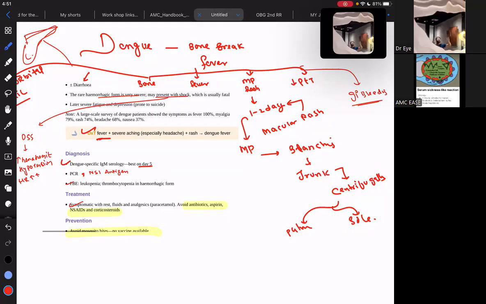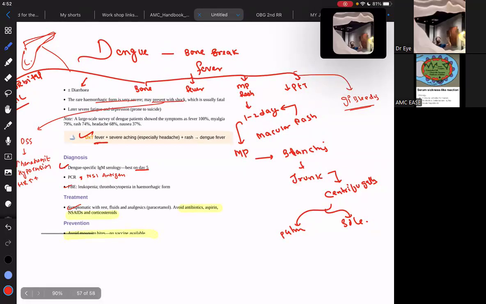That means if there's a patient who is pregnant and after the delivery she developed a fever and you diagnosed this as a case of dengue in the mother, make sure that you also check the baby, because Davidson says that dengue can transmit vertically if it's detected in mother after 5 days of travel.